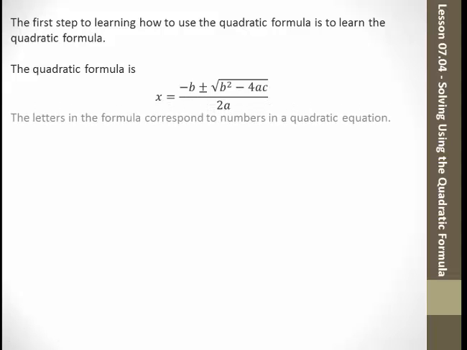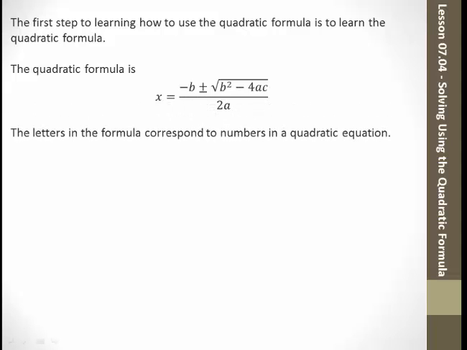The first step in learning how to use the quadratic formula is to learn the quadratic formula, so to actually know the formula. The quadratic formula is x equals negative b plus or minus the square root of b squared minus 4ac, and all of that divided by 2a. The letters in the formula correspond to the numbers in the quadratic equation.